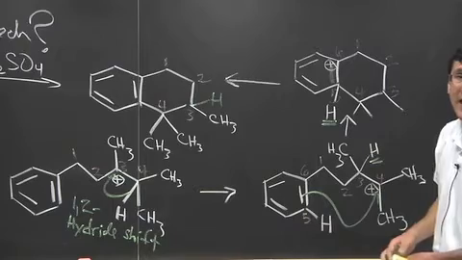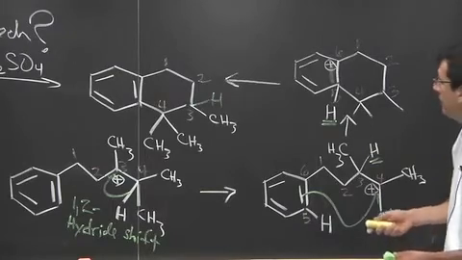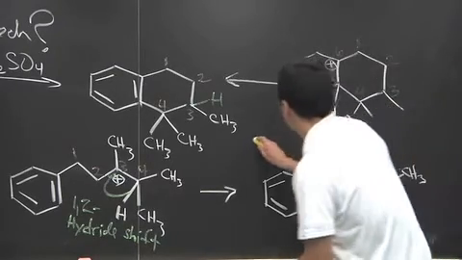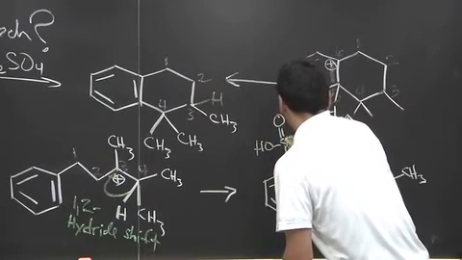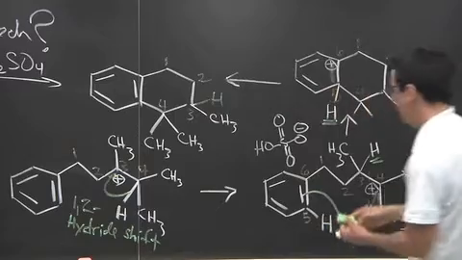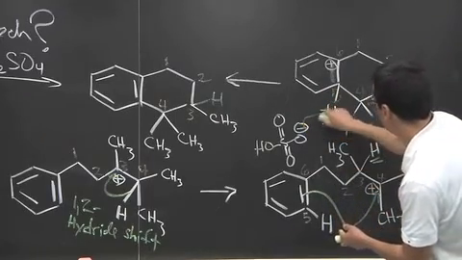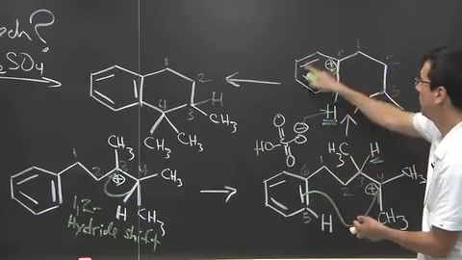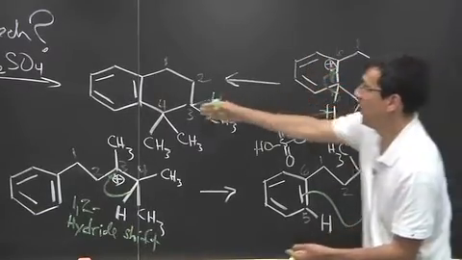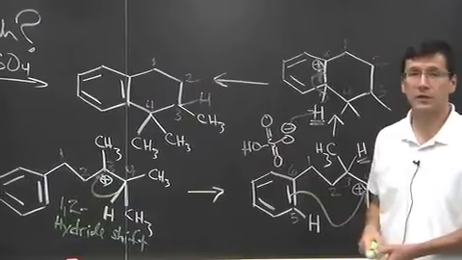Perhaps the best base I have is the conjugate base of sulfuric acid. So there it is. Use it to remove this proton, restore the aromatic ring of this left-hand ring, and there we are at the product.